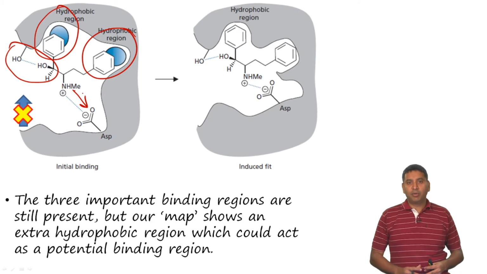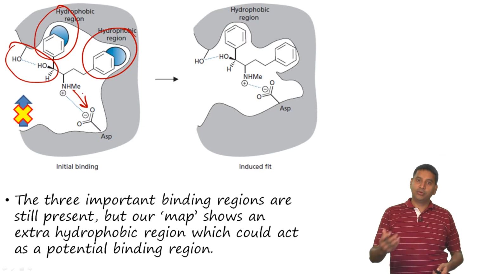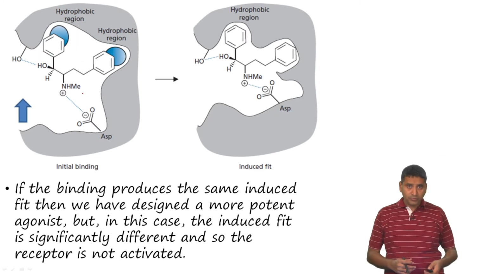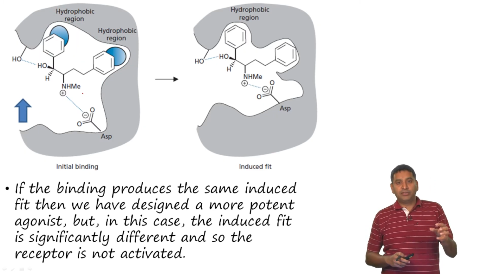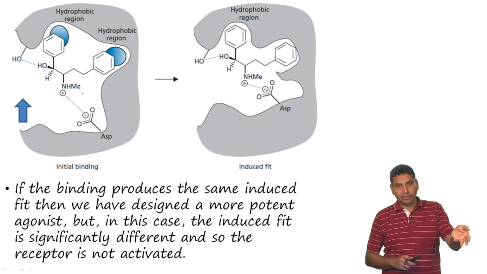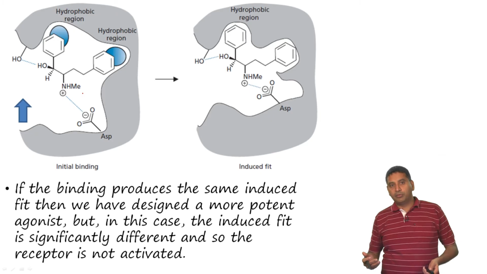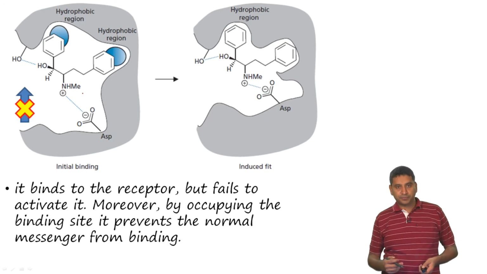So, the three important binding regions are still present, but the extra hydrophobic region, which acts as a potential binding region, does not induce a conformational change. Okay. So, we have designed a more potent agonist, but in this case, since the induced fit is significantly different, the receptor is not activated. So, this is one principle that one could employ to design a new antagonist.